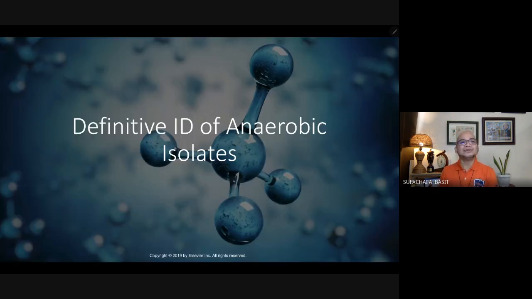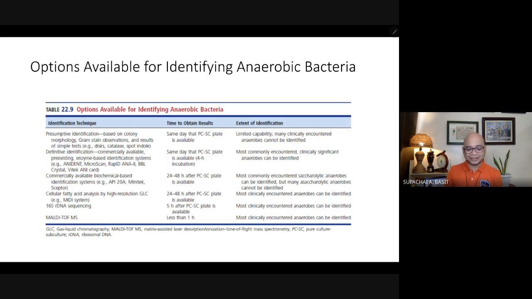Okay. So let's now discuss the definitive identification of anaerobic isolates. So for anaerobic identifications, there are several options. And most of these options are actually kind of expensive and not being done in the laboratory unless the machines and the kits are available.